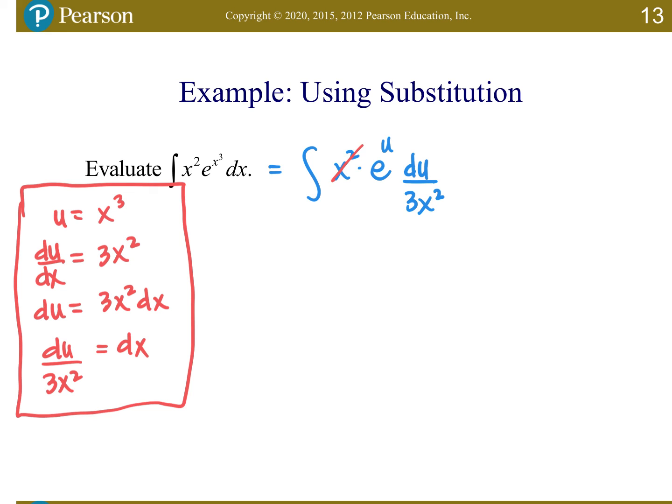I didn't worry about it because it's going to reduce, leaving me with the constant to pull out to the front. So 1/3 gets pulled out of e to the u du. And now you have a simple antiderivative. And e to the u's antiderivative is also e to the u, but it has the rule where you have to divide by the natural log of e and the chain rule of 1.